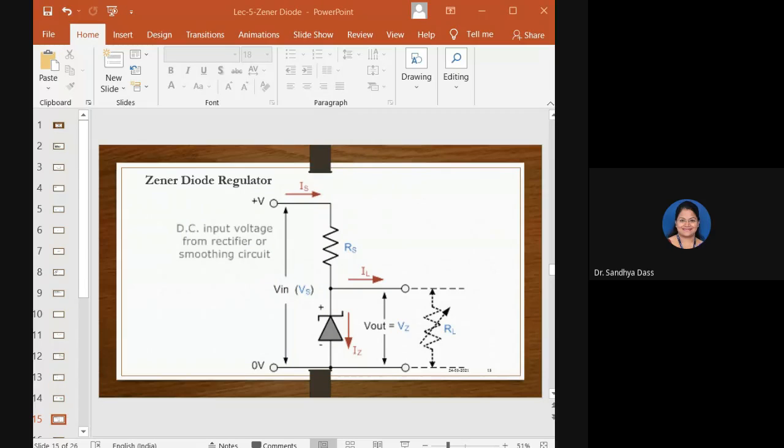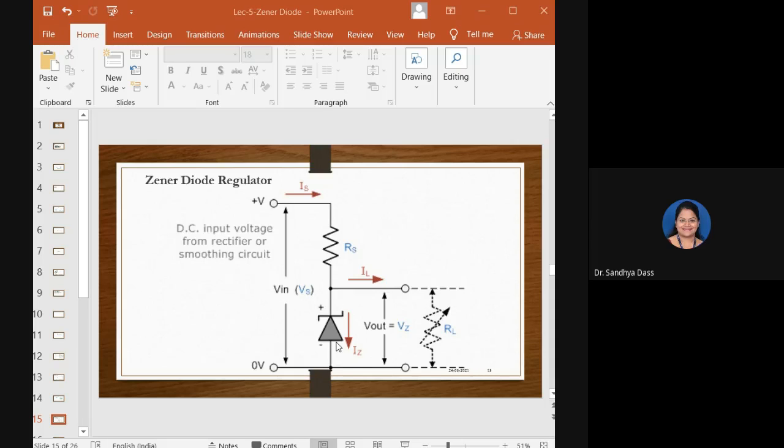Its main application is voltage regulation. The Zener diode is used for voltage regulation because when it is in the reverse breakdown region, it starts conducting and maintains a constant voltage across its terminals.